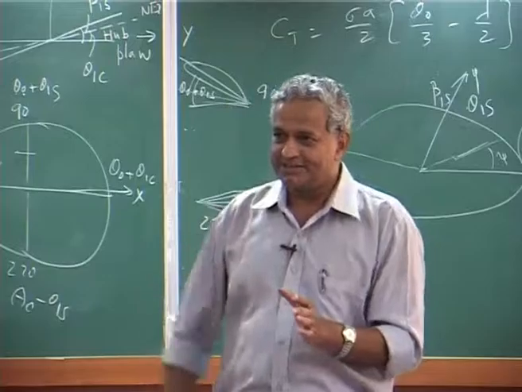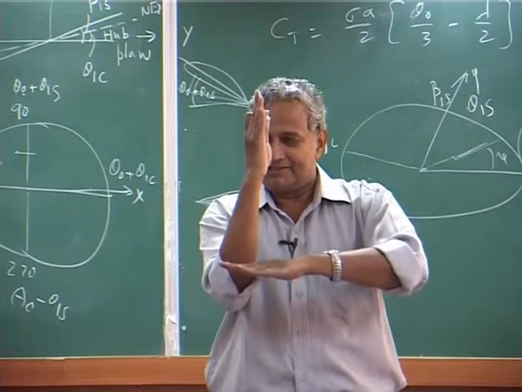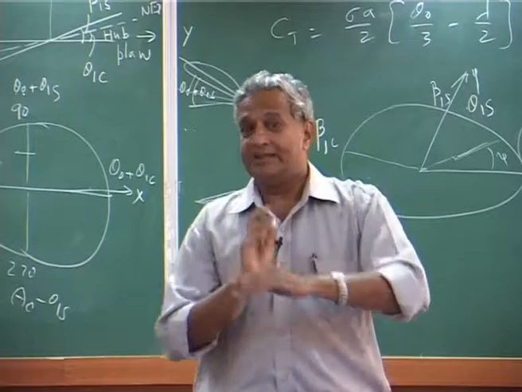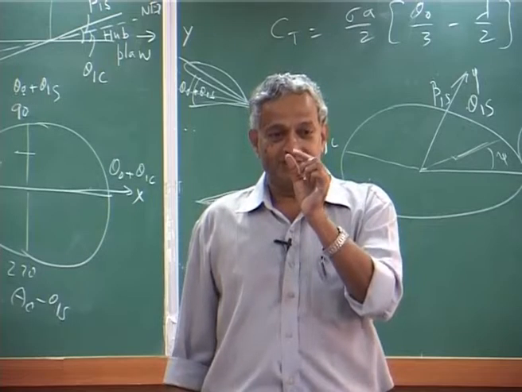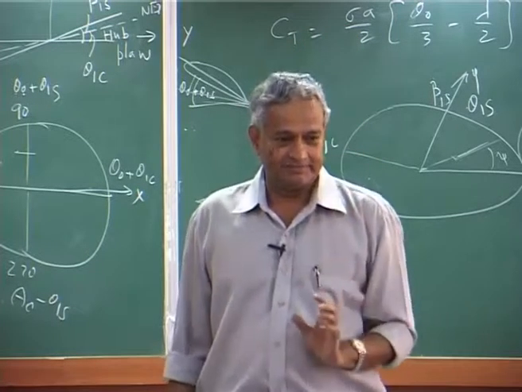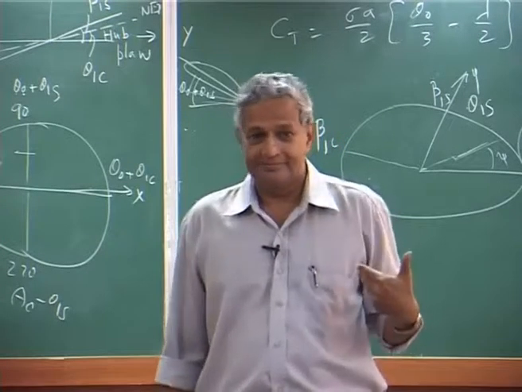Thrust, if you take it in the hub plane, you will get a horizontal component. That is why in hover, if the CG is right on shaft, if you give a cyclic, helicopter will start moving.